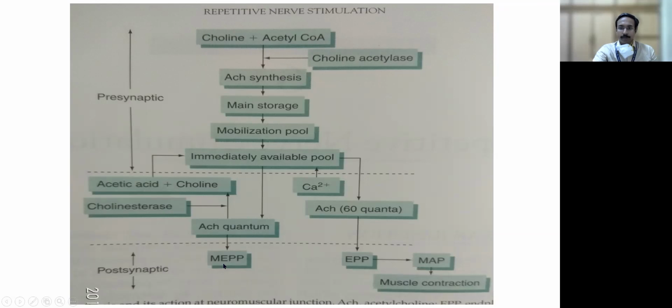The sum of these miniature end plate potentials from the 10,000 vesicles becomes the end plate potential of that muscle fiber, which produces a muscle action potential. Multiple such muscle action potentials become a compound muscle action potential. That's how the muscle contracts.